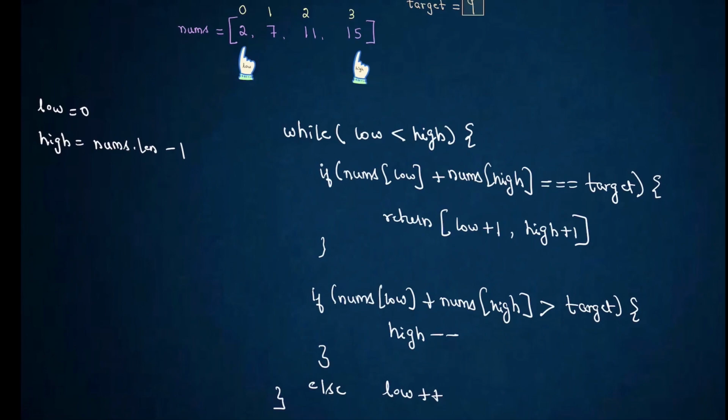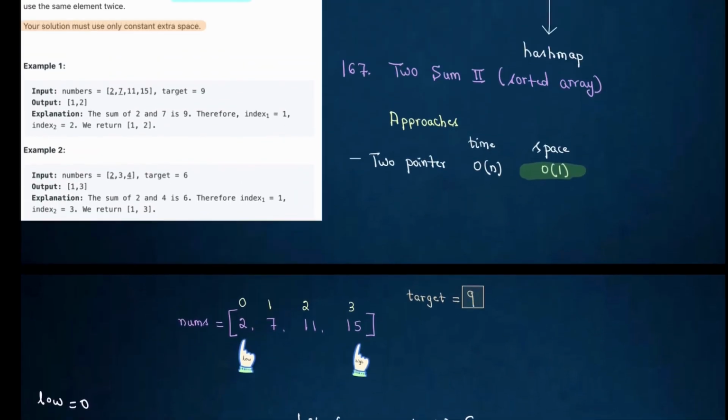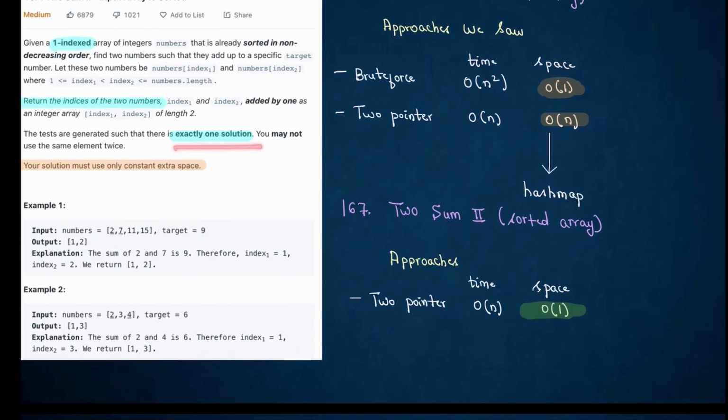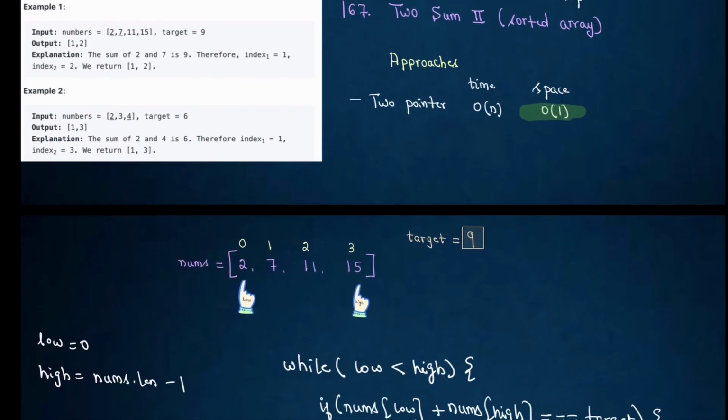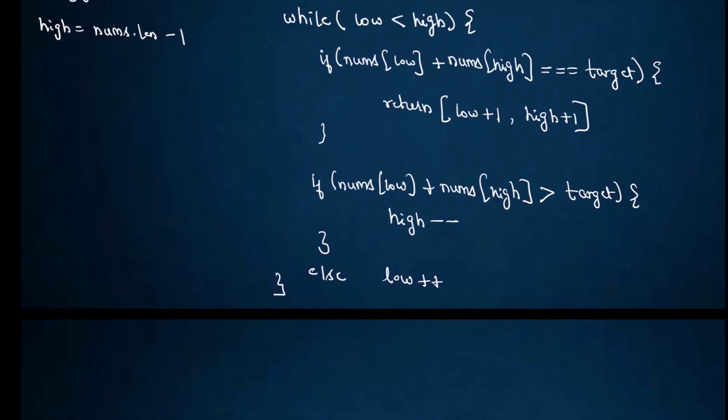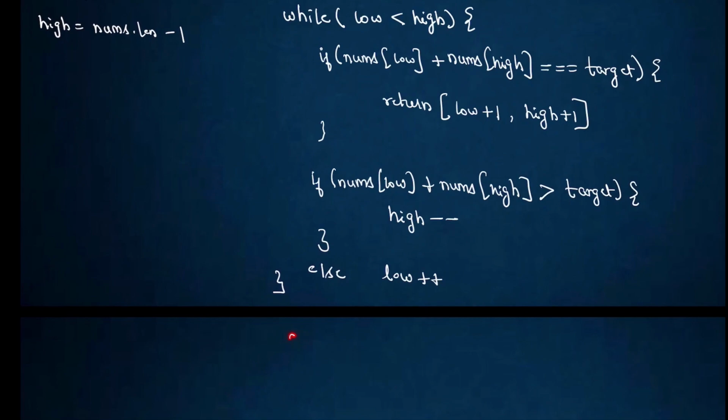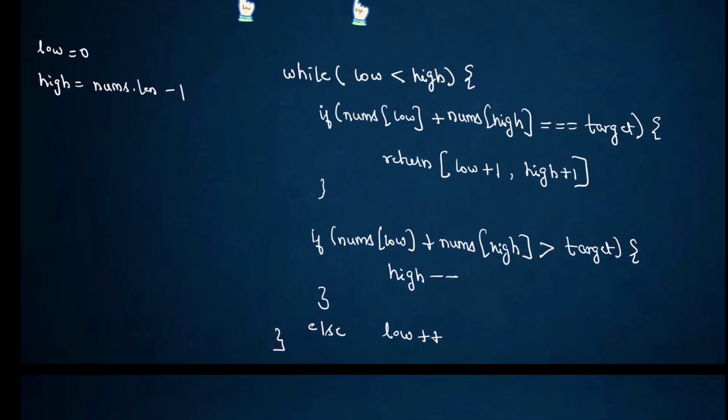And at some point, we return low plus 1, high plus 1 because the problem says we have exactly one solution. If this wasn't the case and we don't have a solution, then after the else part, we would return something like -1, -1, meaning we did not find the element. But in this case, that's not true. We always hit this saying we have exactly one solution, so we don't have to worry.